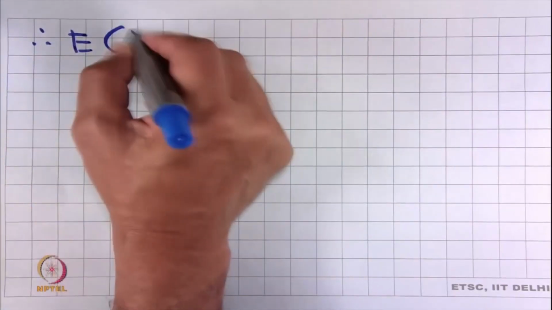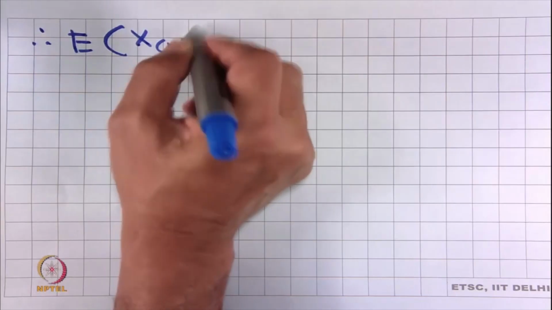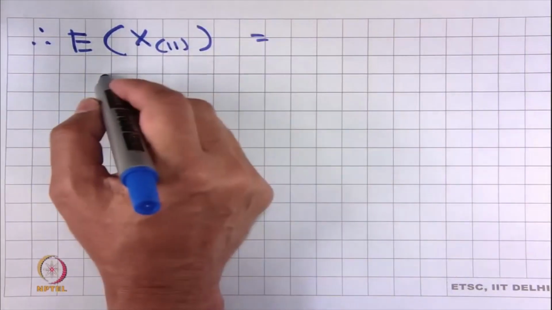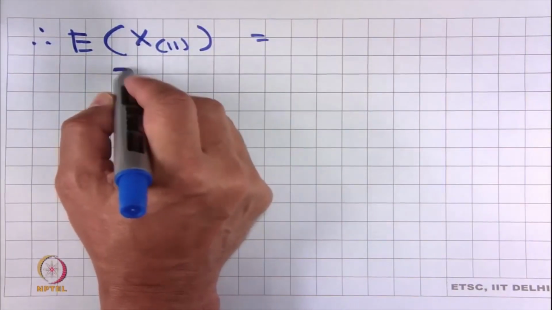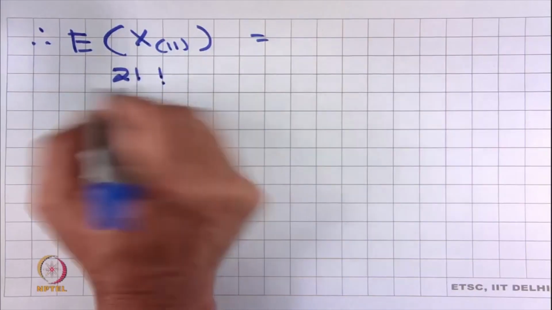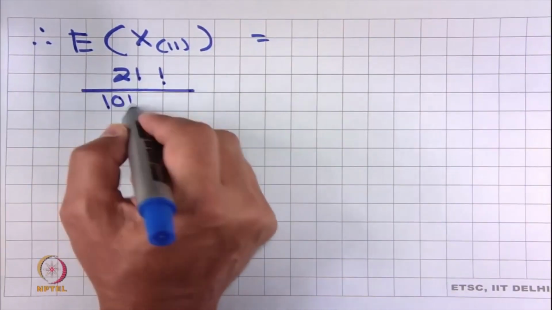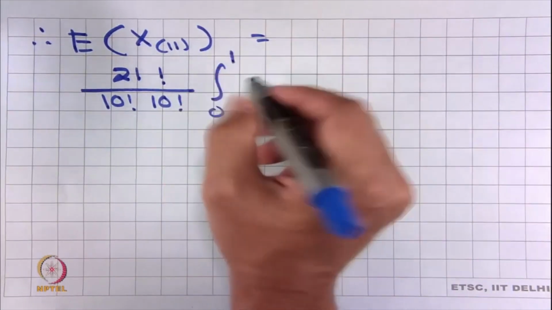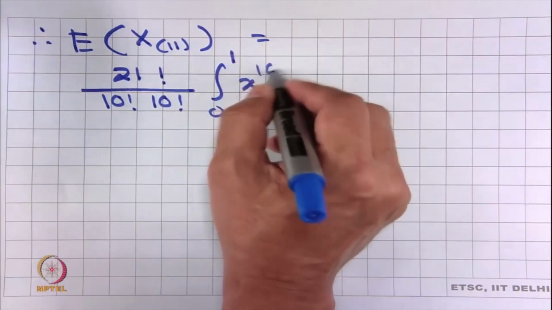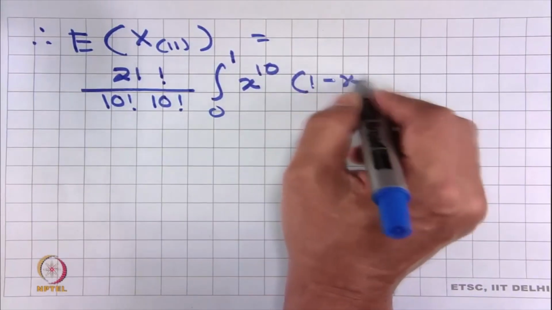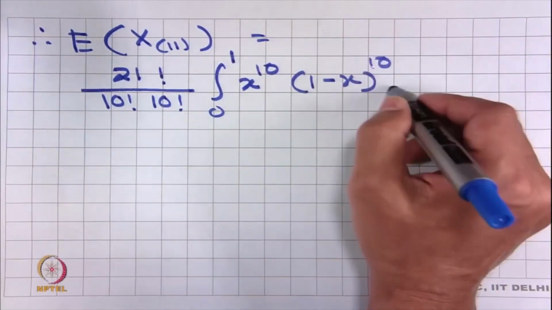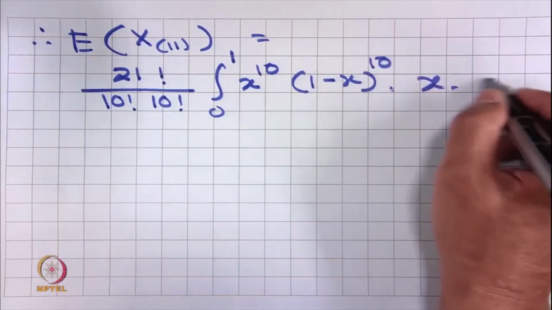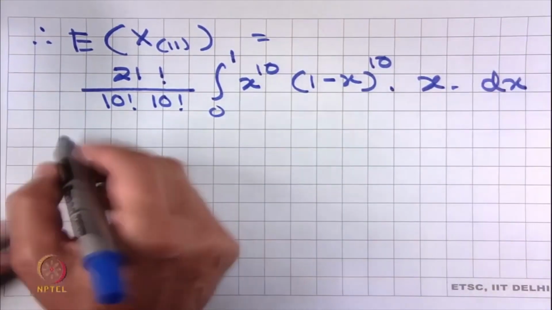Expected value of x 11 is equal to 21 factorial upon 10 factorial, 10 factorial, integration 0 to 1, x to the power 10, 1 minus x to the power 10 multiplied by x into dx.